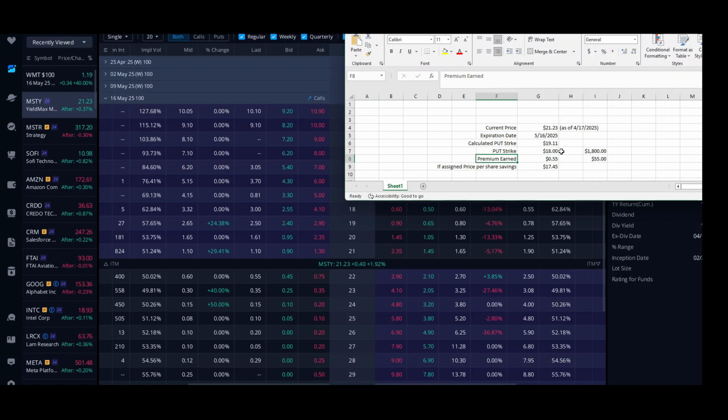So only a 22% chance that it could get assigned, which is a low chance. But again, as that price changes, so does that delta. So take that with a grain of salt. The premium that we would earn is 55 cents per share. And if we're assigned, our actual average purchase price, subtracting off that 55 cents, would be $17.45.